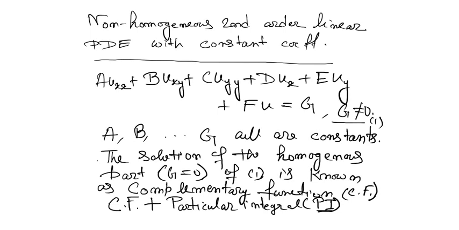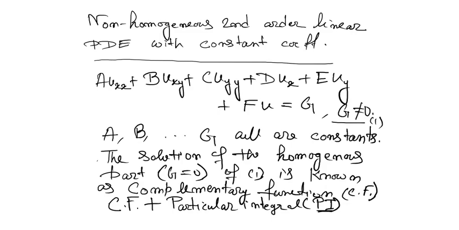So let me go to the next page, and let me start with some special type. In the previous slide, suppose the left hand side of this, this left hand side of equation number 1, let us write it as f of D comma D dash.